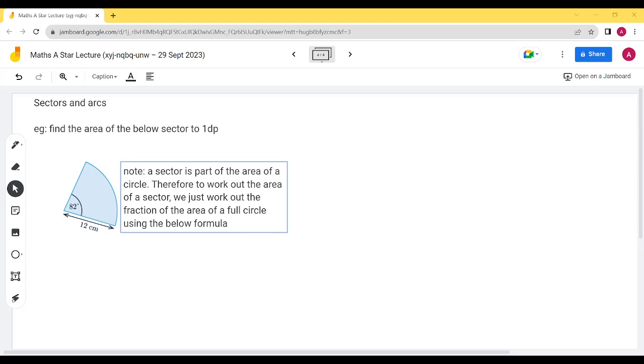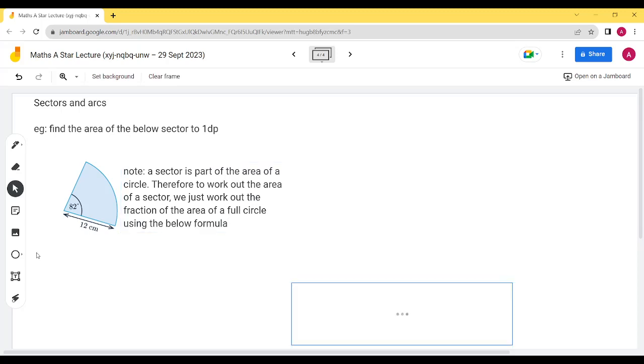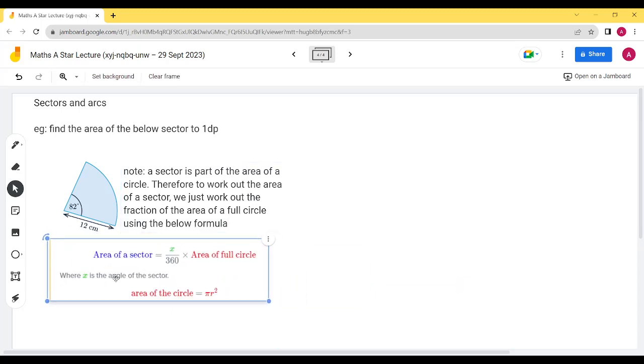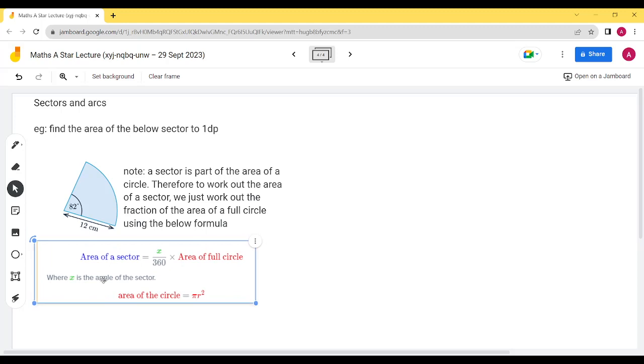But basically, all this formula shows is you work out the area of a circle, and then you work out a fraction of that. So the area of a sector equals x over 360 times the area of a full circle, where x is the angle of a sector.